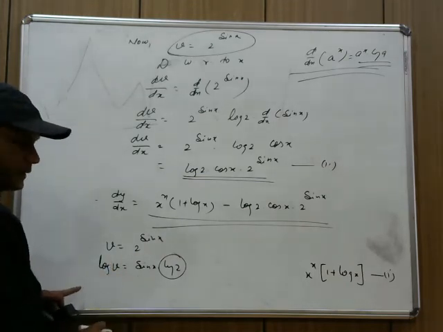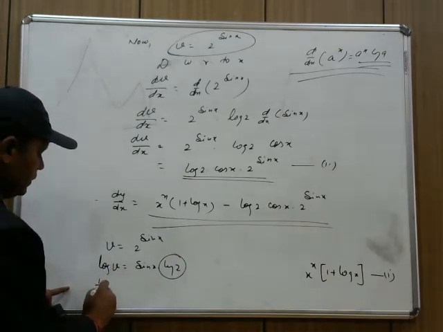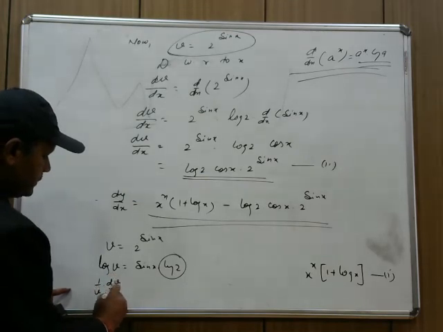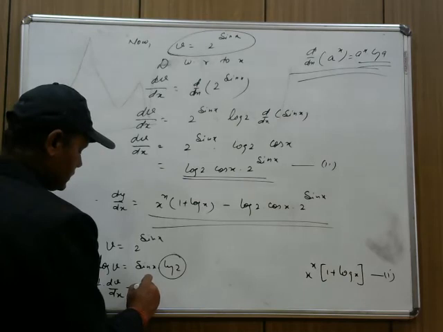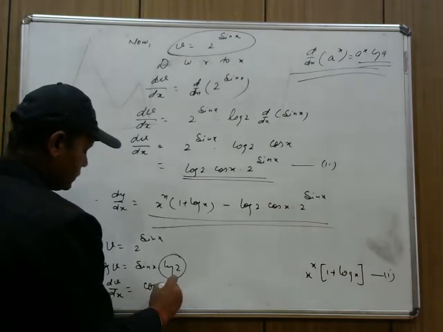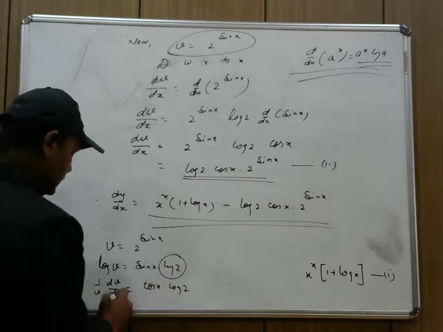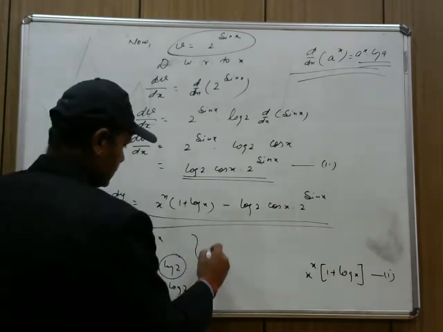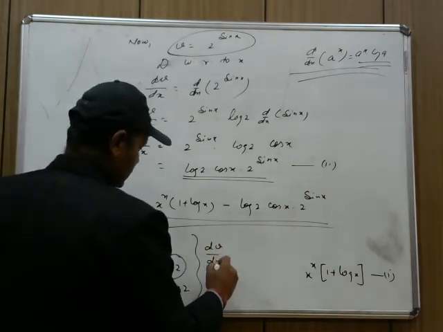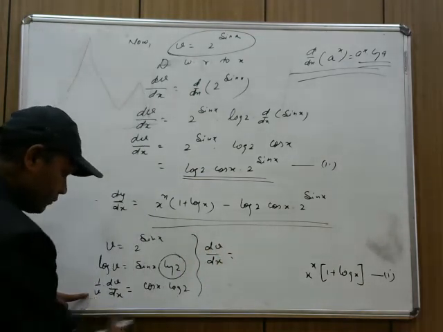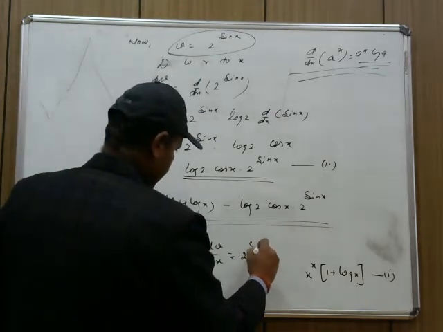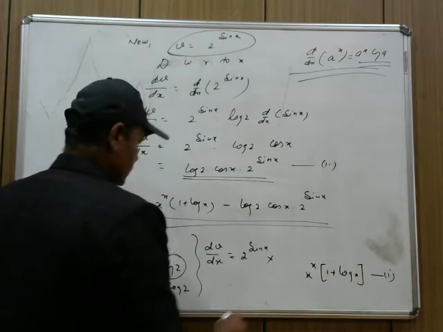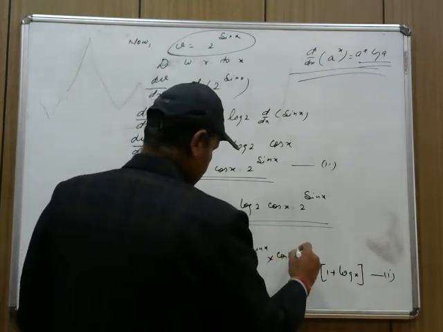Differentiating both sides with respect to x, we get 1 by v into dv by dx is equal to the differential of sin x, which is cos x, into log 2. Now dv by dx, with v going to the right hand side, becomes 2 to the power sin x into cos x into log 2.